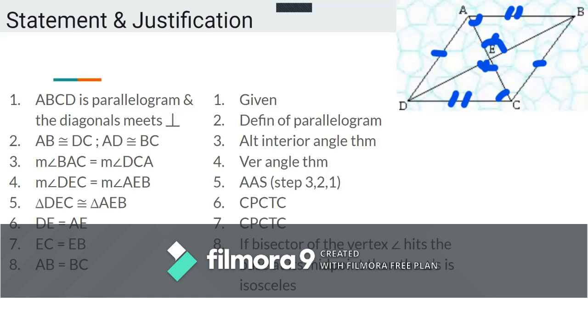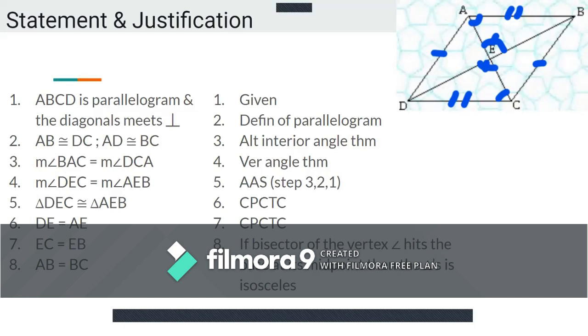Because we know those two lines are congruent, right? So that side equals this side, and they have to be isosceles.